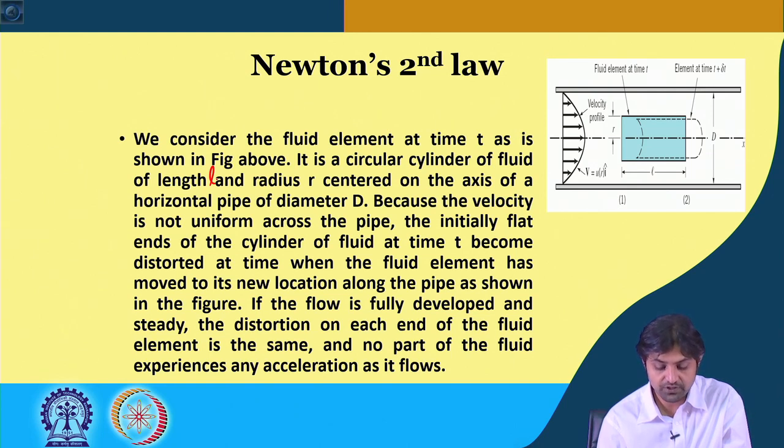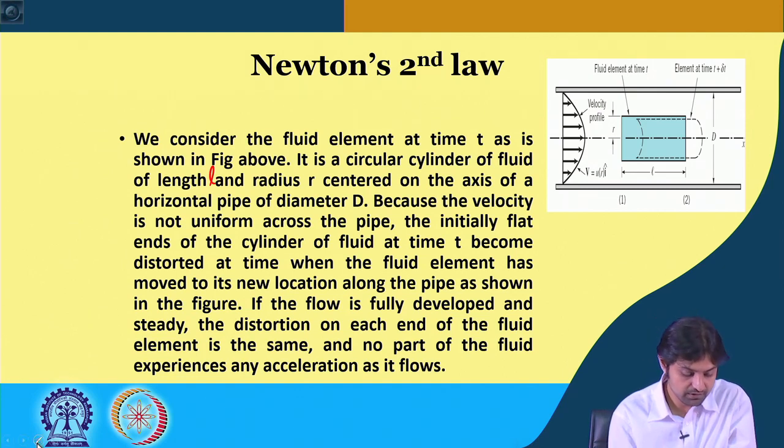If the flow is fully developed and steady, meaning it is not a function of time, the distortion on each end of the fluid element is the same and no part of the fluid experiences any acceleration as it flows. So, this is the background for the derivation containing important information that will be used during the derivation.